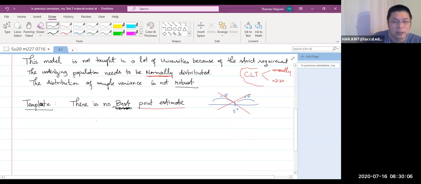Instead, we will have this. Step 1, we do chi-squared right. Step 2, chi-squared left.